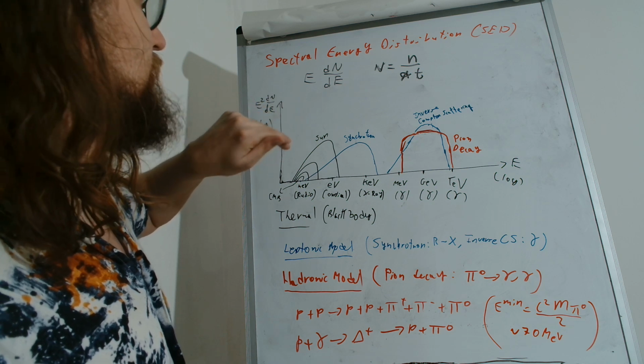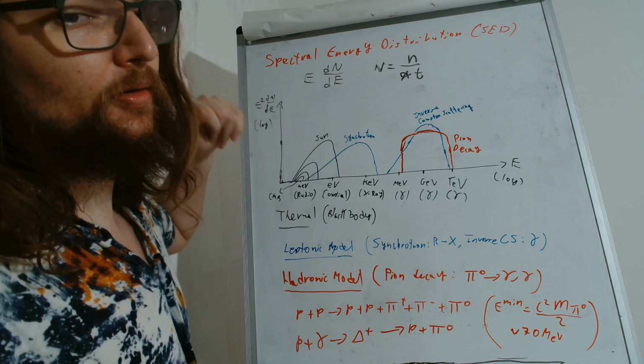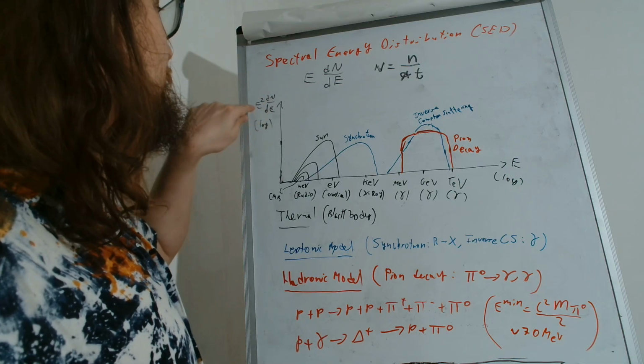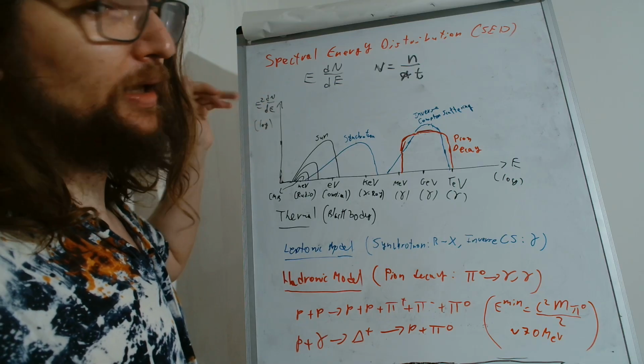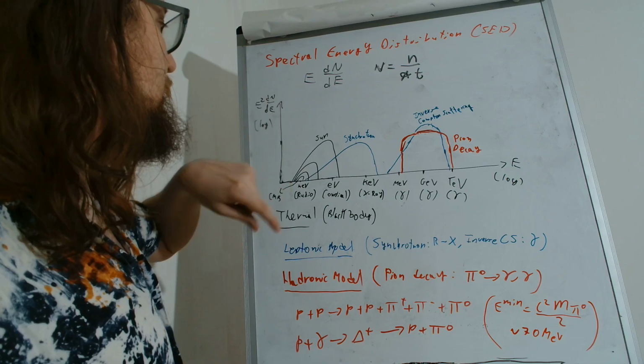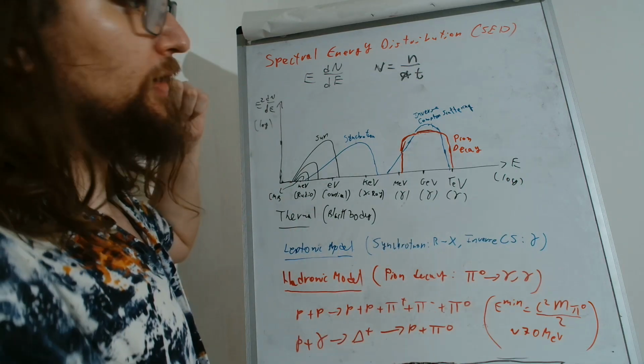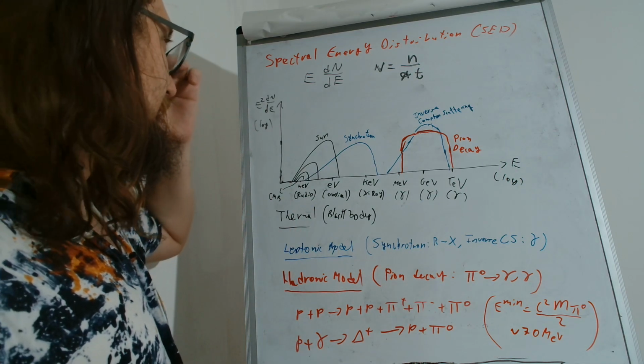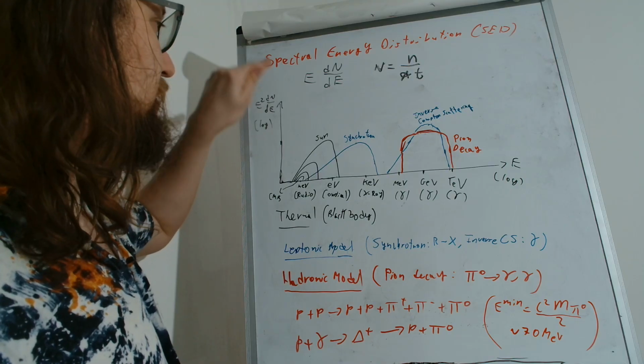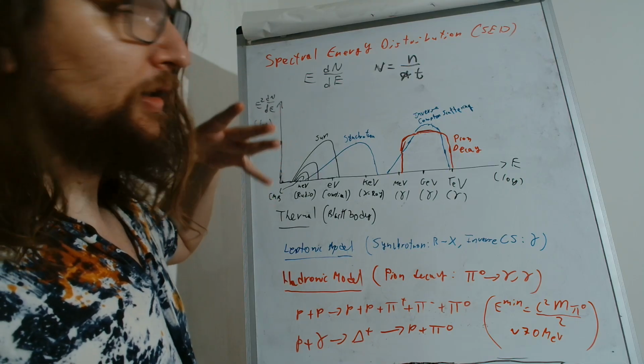Usually in the plots the y-axis is multiplied by E, so it is E squared dN/dE, and it is plotted on a logarithmic scale as usual, and we can distinguish between various types of curves.